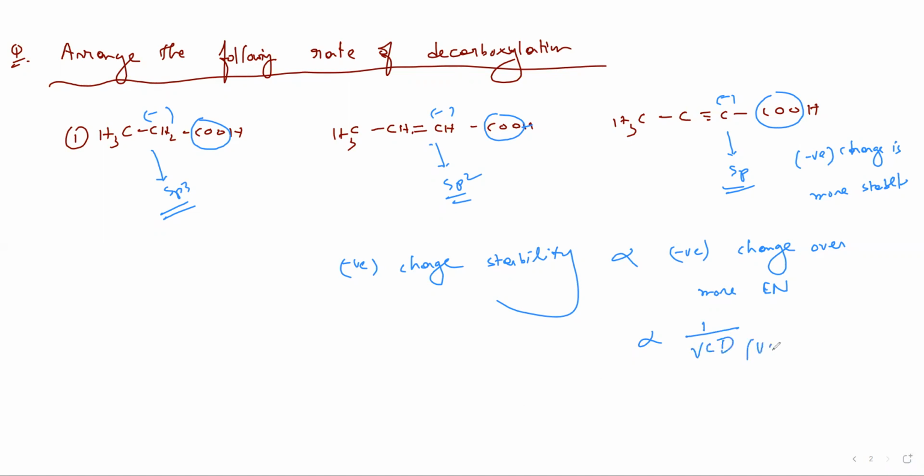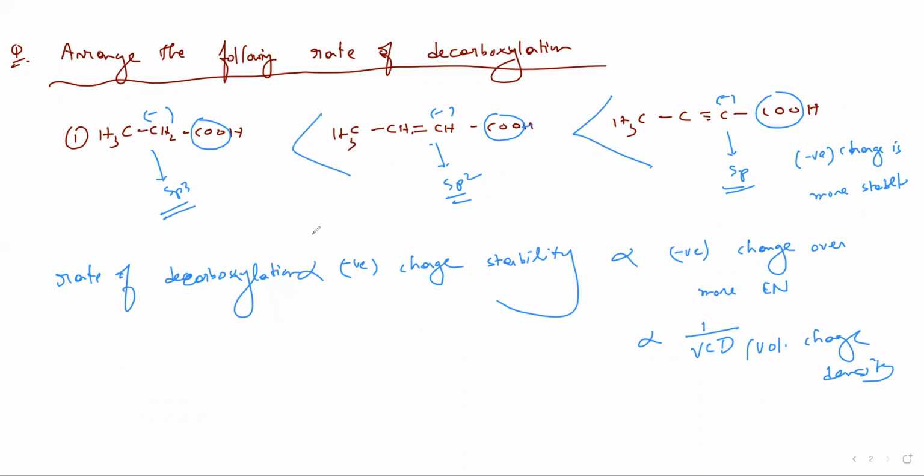VCD is volume charge density. And negative charge stability is also proportional to rate of decarboxylation. So rate of decarboxylation is greater for this one than this one, like this way you have to solve.